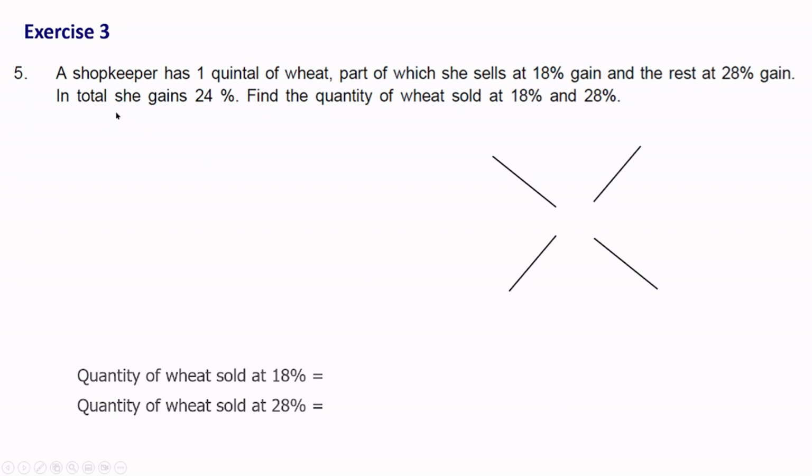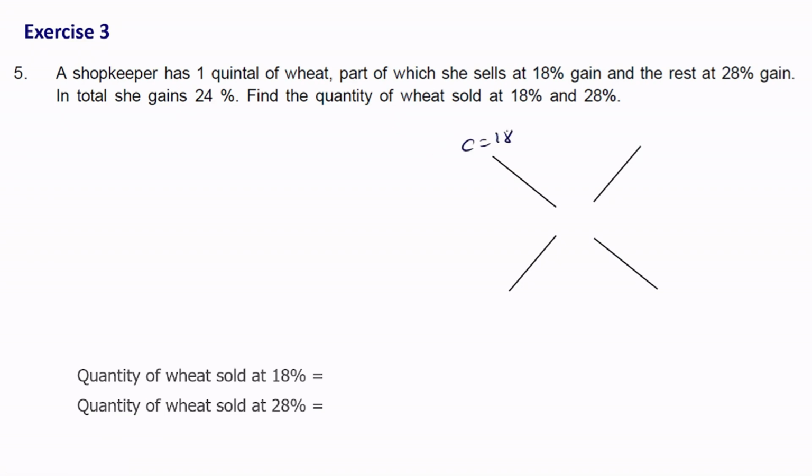Moving on to the next question. A shopkeeper has 1 quintal of wheat, part of which she sells at 18% gain and the rest at 28% gain. In total, she gains 24%. Find the quantity of wheat sold at 18% and 28%. So here the shopkeeper has 1 quintal of wheat and the cheaper quantity is sold at 18% gain.